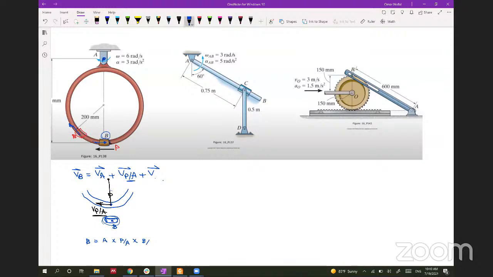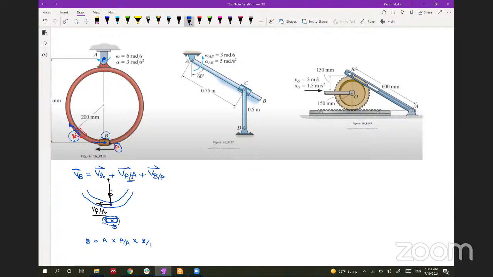Oh, this should be VB with respect to A, and this should be VB with respect to P. Yeah, because I was talking about how much B is moving away from P like this.